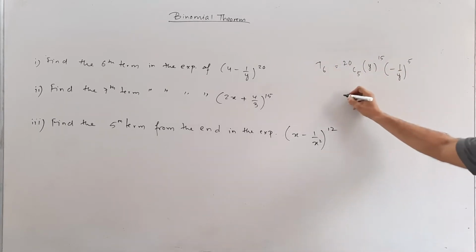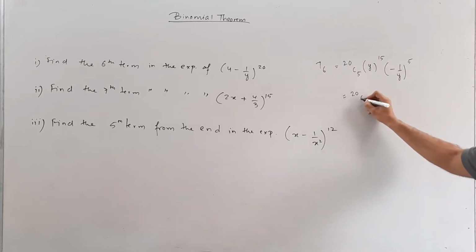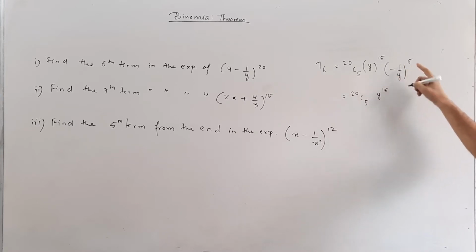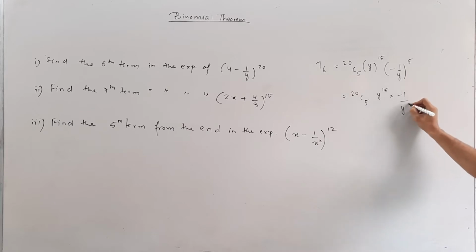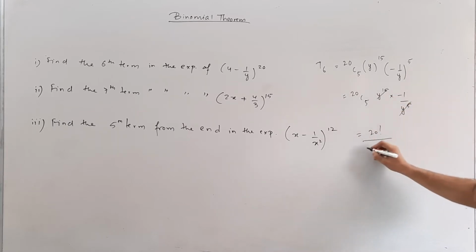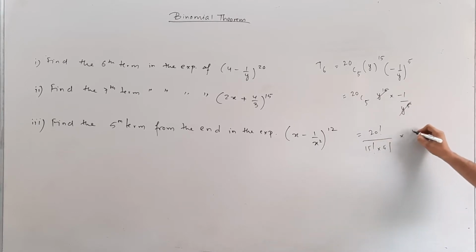Now once this is sorted out, 20C5, this is going to be y^15, (-1)^5 will be minus 1, and this will be y^5. So this cancels out and what we get is 20 factorial over 15 factorial times 5 factorial, with a minus sign and y^10 on top.